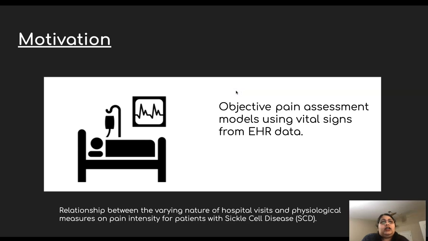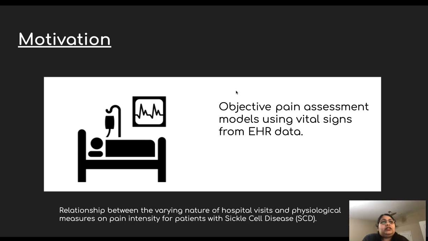The current clinical guidelines, however, recommend frequent observations of vital signs during assessment and treatment of pain episodes, as they are an objective measurement of the essential physiological functions and are potential indicators of the patient's subjective pain levels. It has been previously reported that machine learning techniques can be used to design objective pain assessment models using vital signs from inpatient electronic health records data.